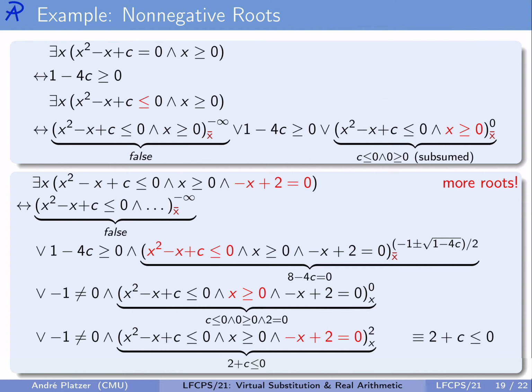But now the point is that even if the quadratic root of x squared minus x plus c less or equals 0 have made this and this polynomial happy, so these two here will be happy, the quadratic roots of that polynomial will not make this minus x plus 2 equals 0 equality true, because that would require, well, if you compute it, 8 minus 4c to be equal 0, but that means c has to be 2, right?